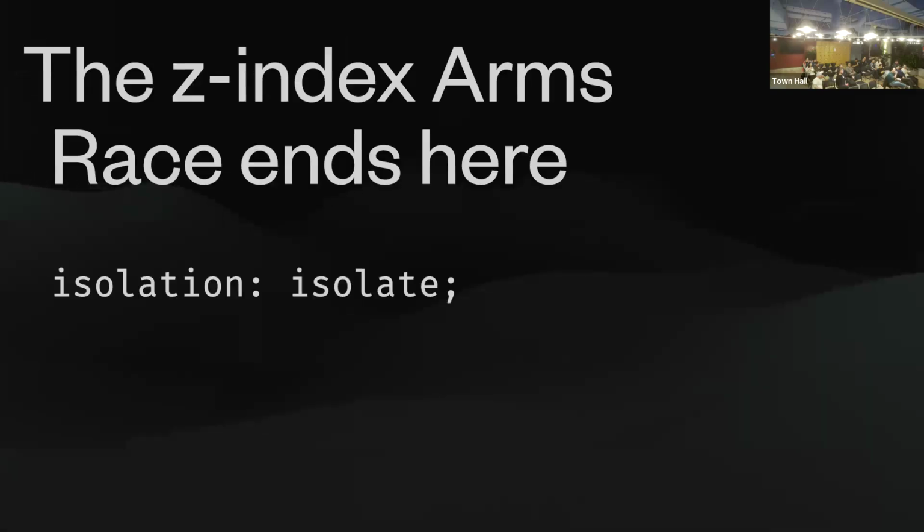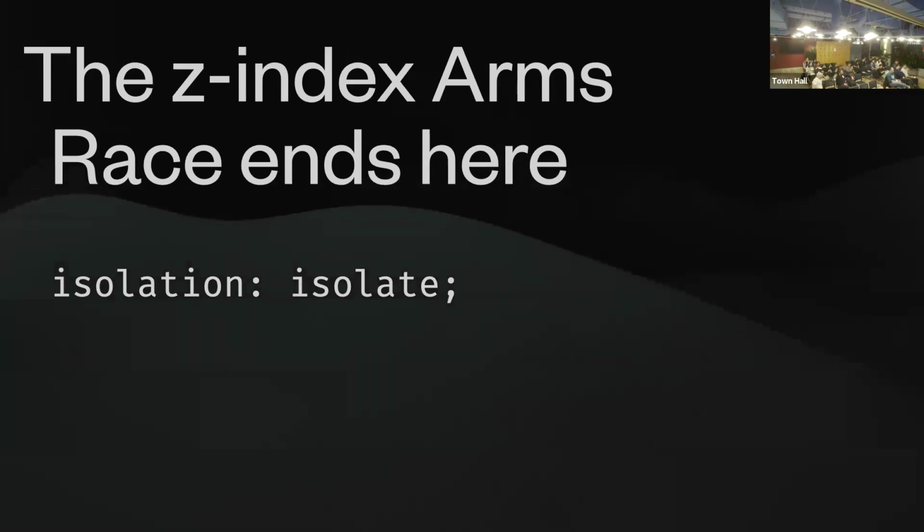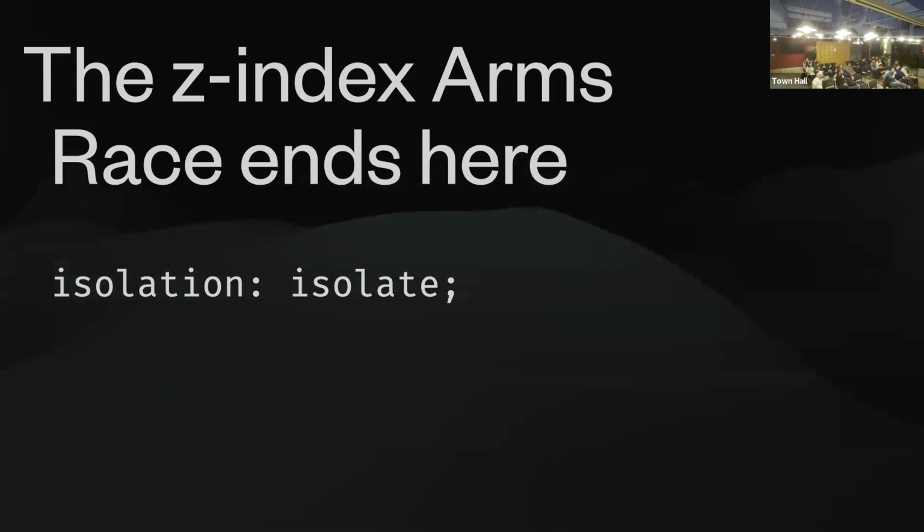We have the isolation attribute. How do we use it, and what does it do? Well, what isolation does is basically it tells the browser to just create a clean stacking boundary right in the container itself. It keeps all the child Z indices contained inside of the parent container.